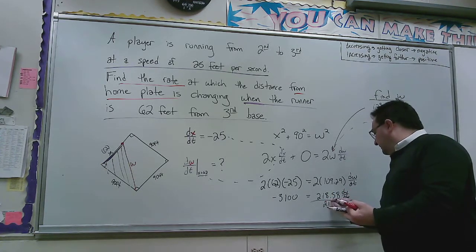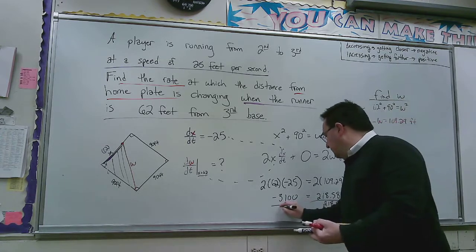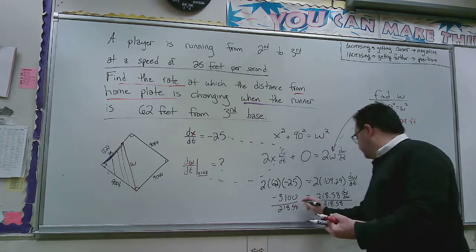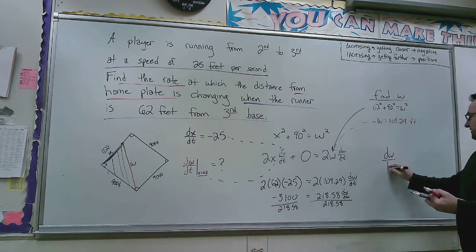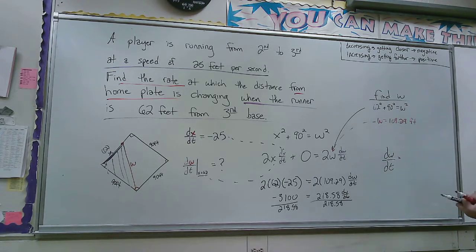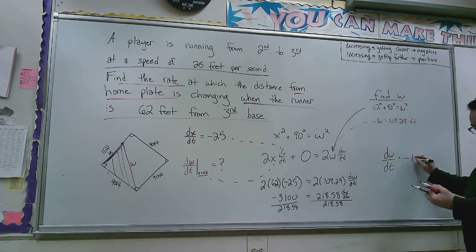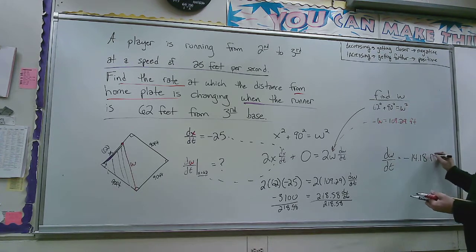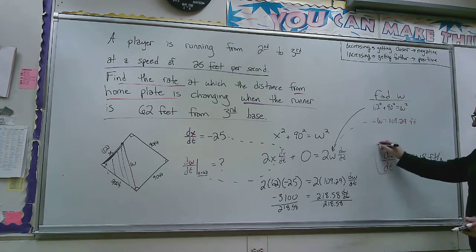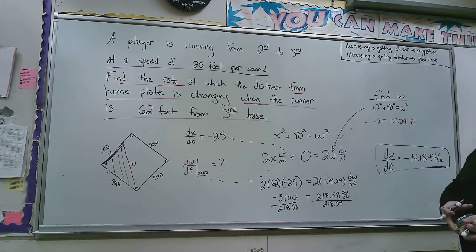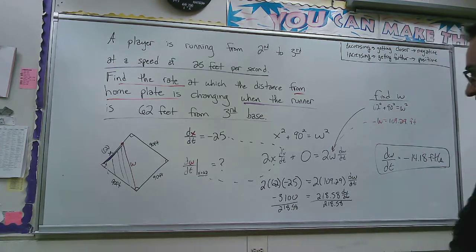And we're going to divide, and that should do it. So dW/dt at this point in time would be negative 14.18 feet per second.